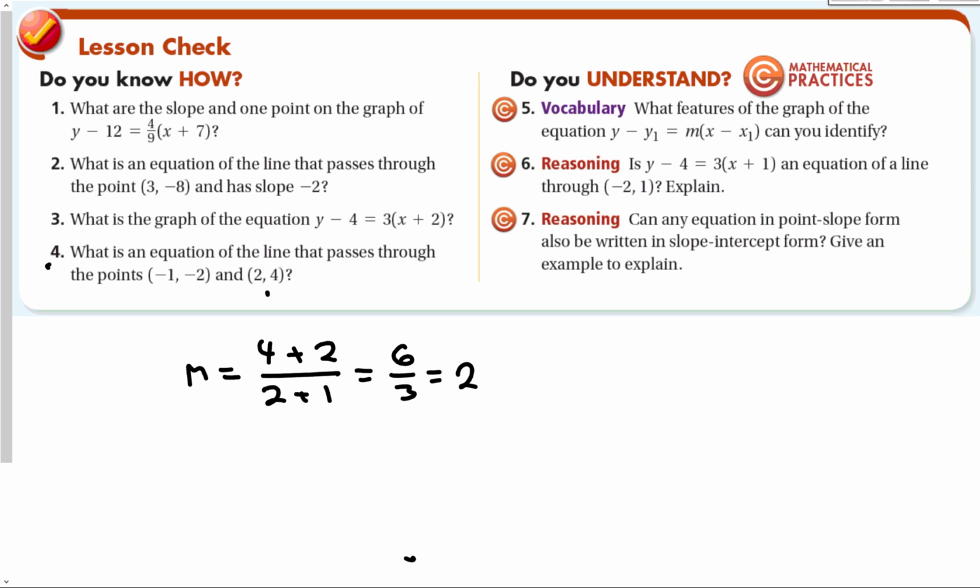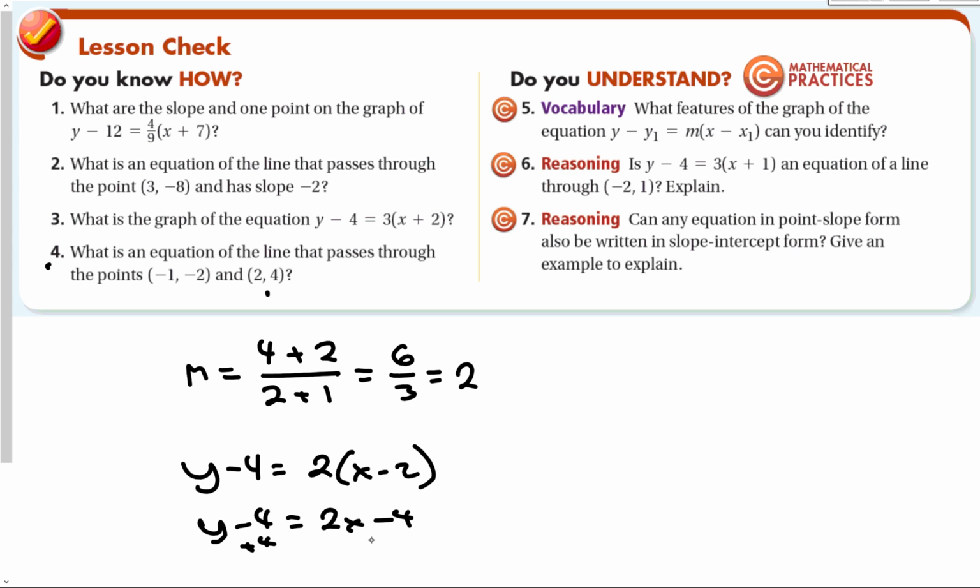I pick the positive points, a little easier, don't have to think too much about it. y minus 4 is equal to 2 times x minus 2. Okay, and then of course, if I wanted to put it in slope-intercept form, it would be y minus 4 is equal to 2x minus 4, add 4 to both sides, so y is equal to 2x.